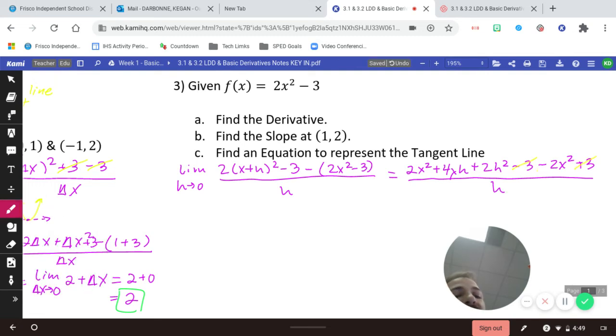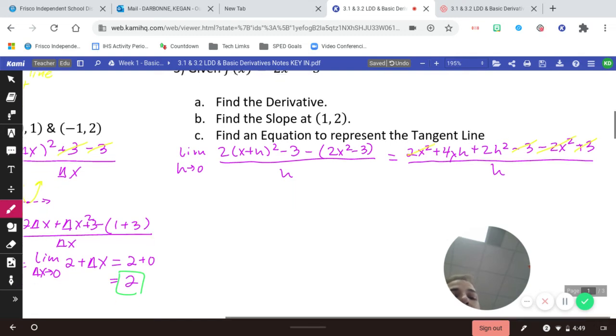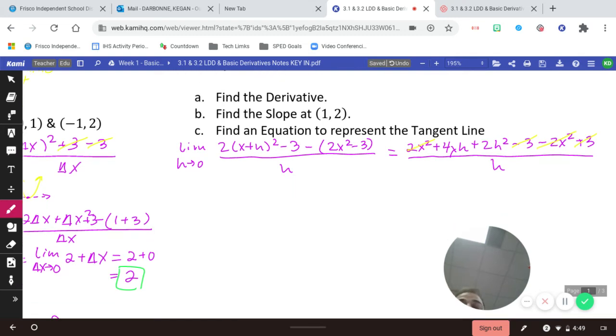So minus 3 plus 3, negative 2x squared, 2x squared. So once again, something you should notice, all these terms in the end should cancel out in that first step if you're doing this correctly. So that becomes 4xh plus 2h squared over h. Cancel out our h's.